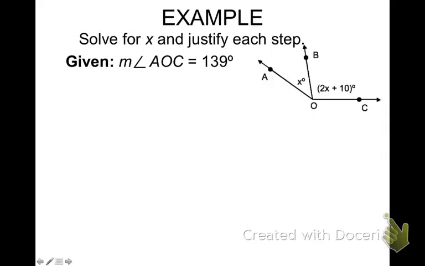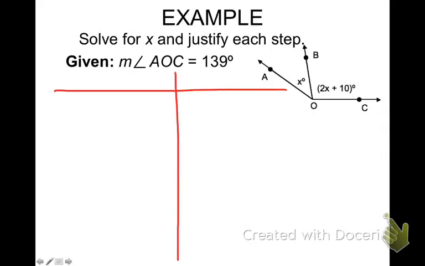So, all we're going to add now, we're still going to be doing the algebraic proofs, but now we're just going to add a geometric part to the proof before we get to the actual algebraic part. So, start with your T-chart, statements on the left, reasons on the right.